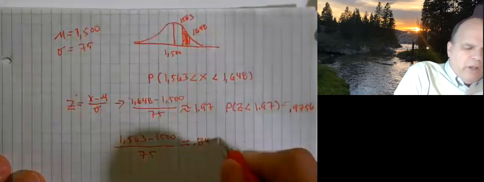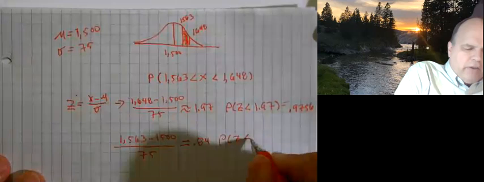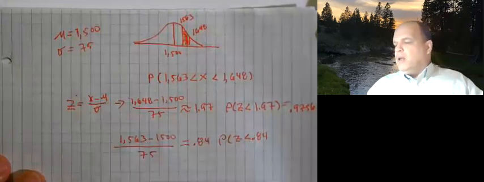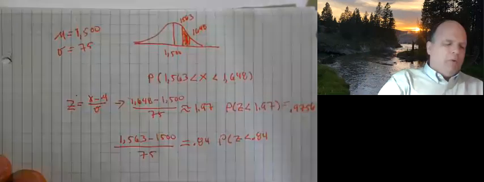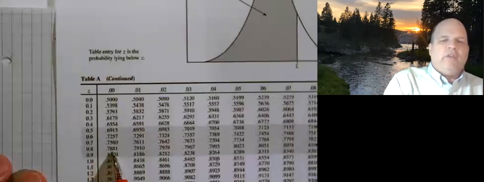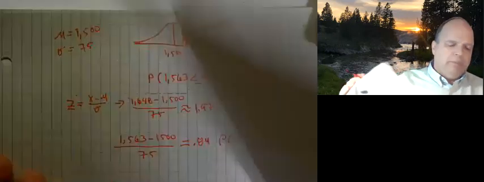So the probability that z is less than 0.84. Looking at my table, that's an easy one because it's right on the edge. I end up with 0.7881.